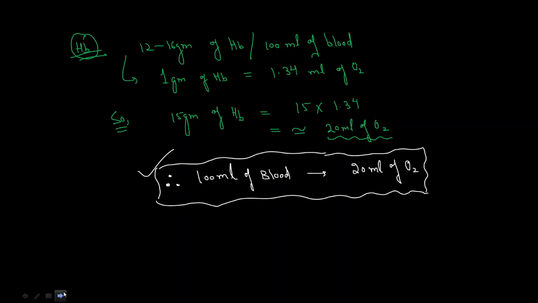Okay, now let us start with the main story. The main story is about your oxygen dissociation curve. So what is the oxygen dissociation curve? In order to understand that, first remember that when we are sitting and not doing a lot of things, when our body is at rest, the requirement of oxygen will be low.